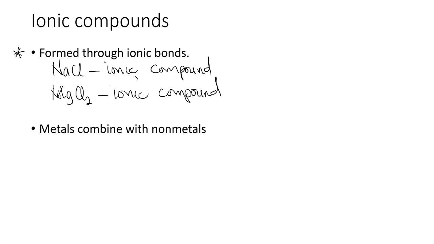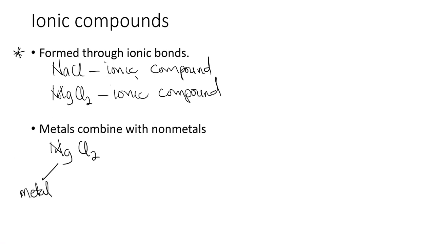But the issue is, how do we know that we are dealing with an ionic compound? Generally, the way for you to identify ionic compounds is, for example, if I say I have MgCl2, you look at the atoms within the compound.